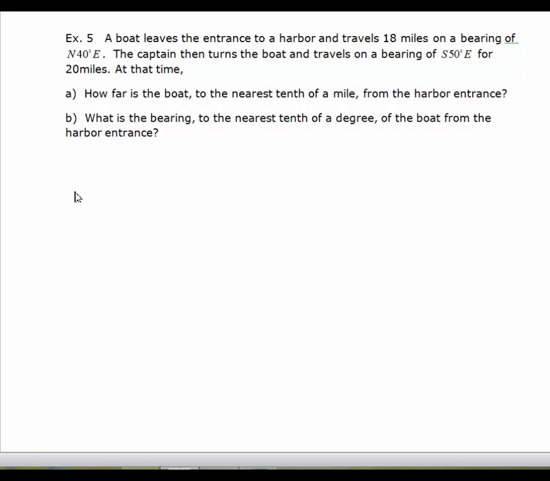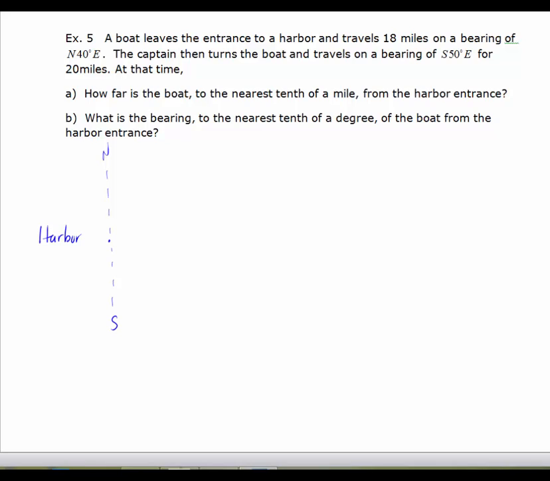So we'll start off by just labeling where the harbor is. We'll just put a dot. And we'll draw a very light north-south line, a vertical line.